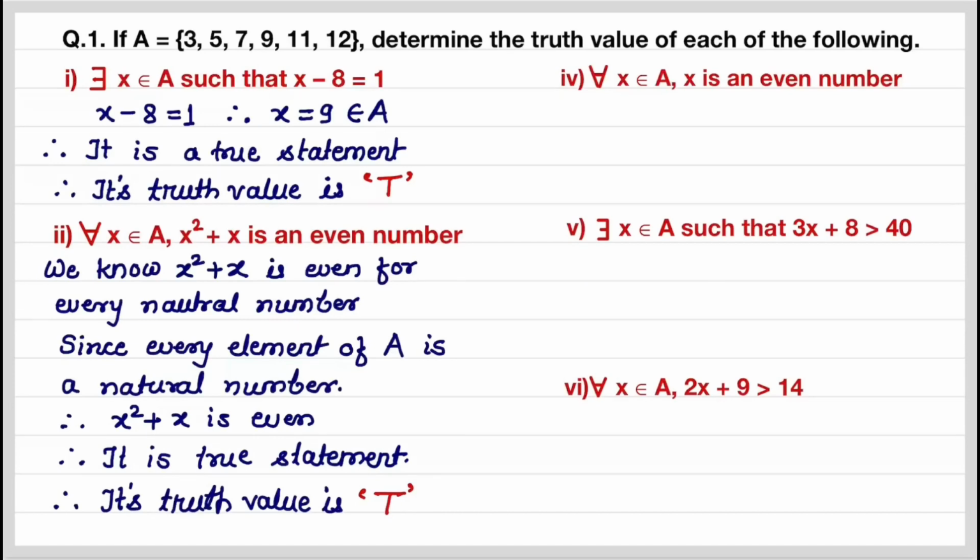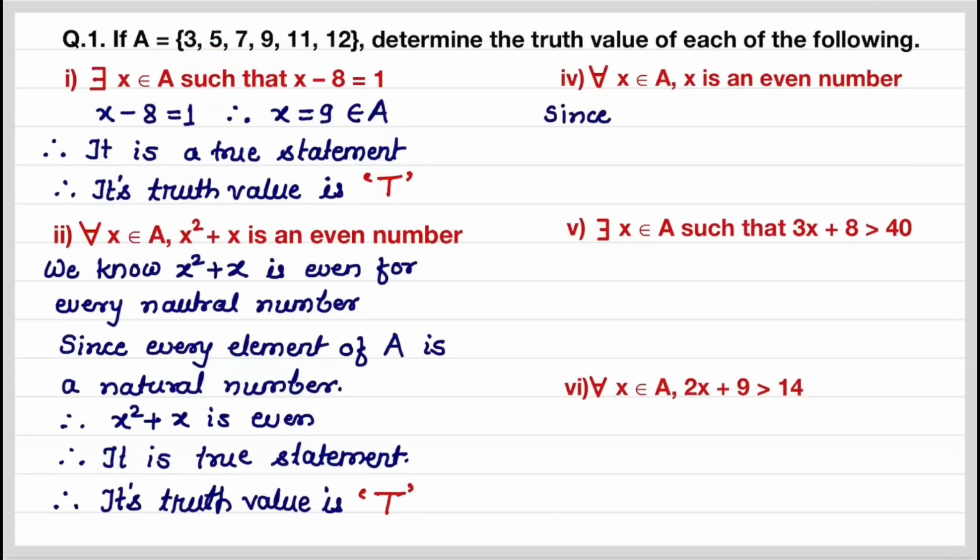Fourth example. For every x belonging to A, x is an even number. As the quantifier used is for every, check whether every element of set A is even or not. Here 3, 5, 7, 9, 11 are odd numbers.